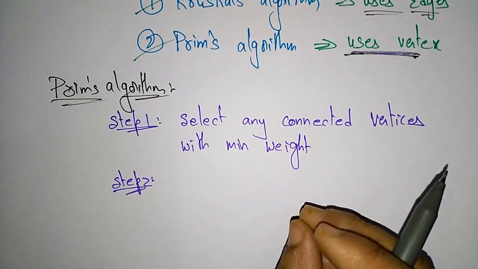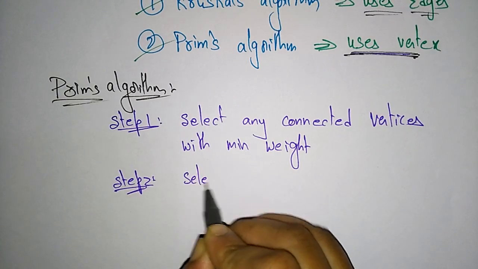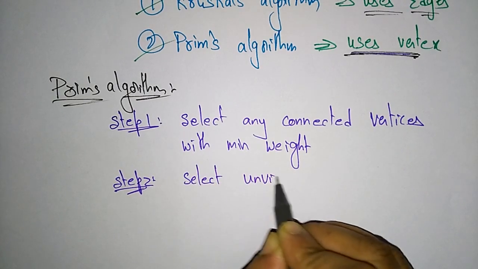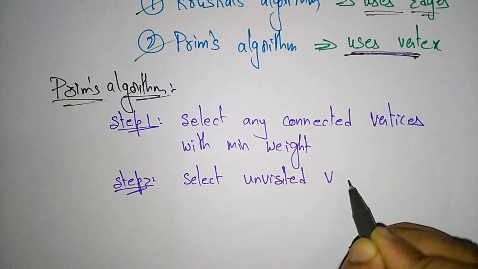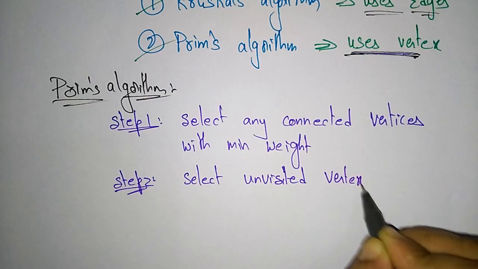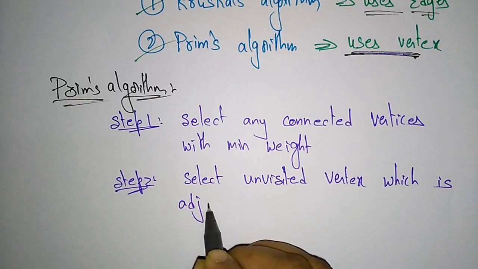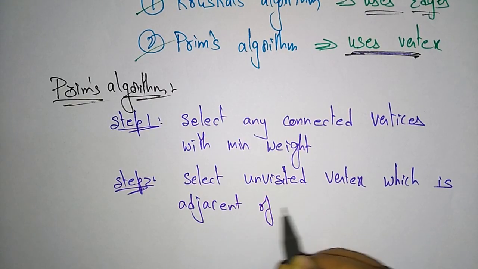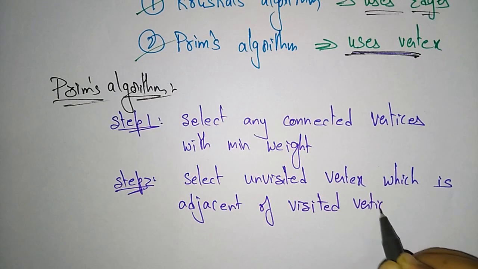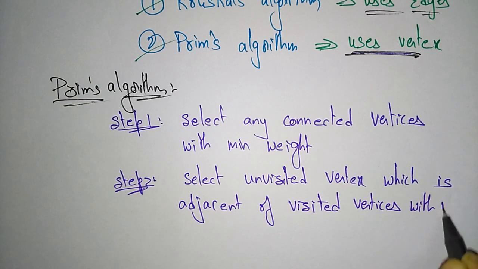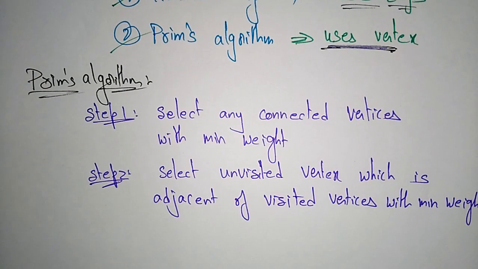First we visited some vertex, after that we have to select the unvisited vertex, that too which is adjacent to the visited vertices with minimum weight.